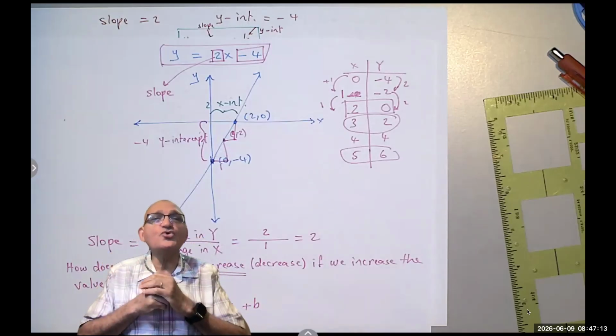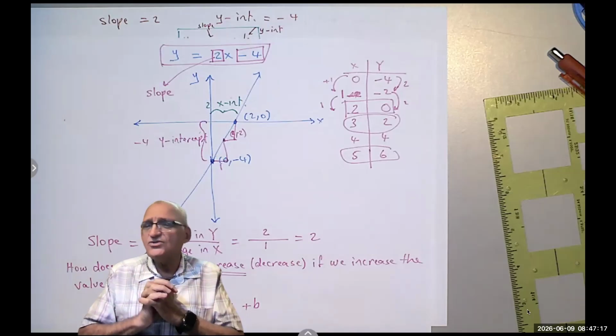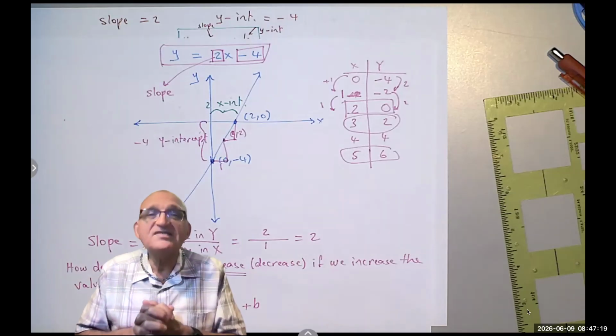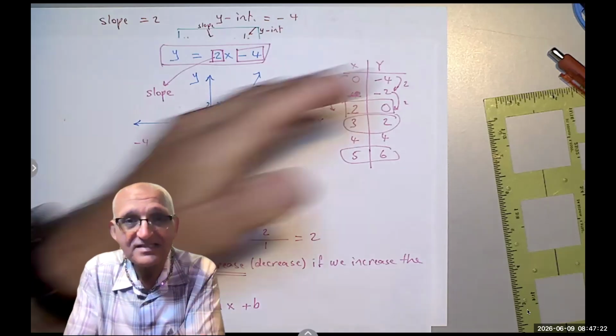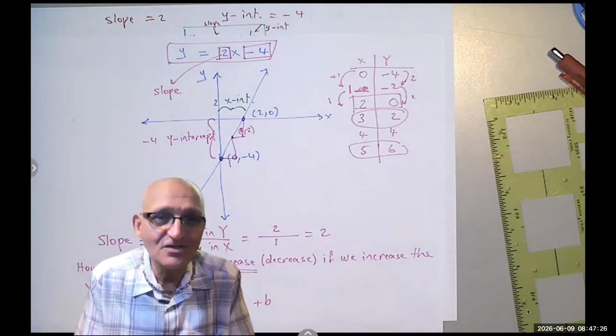Now we have 2 lines and we ask you to graph them. And what do you do when you graph them? You will see whether they intersect. The point of intersection would be the solution to the system.